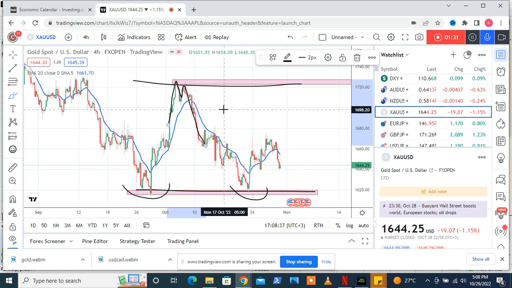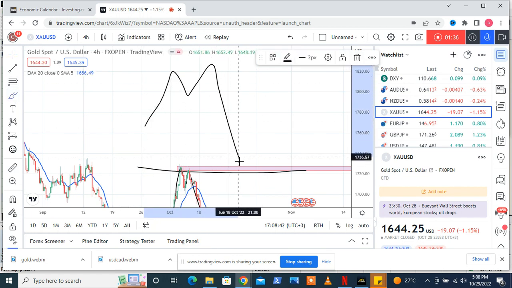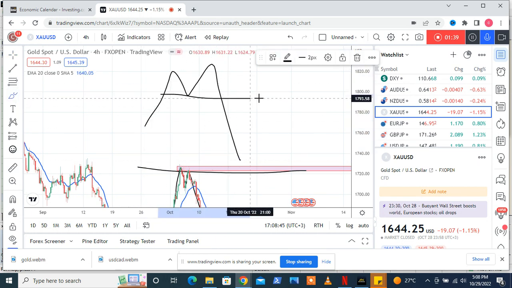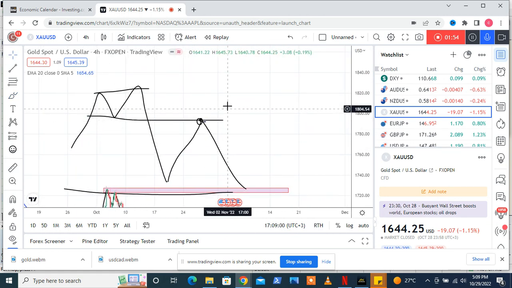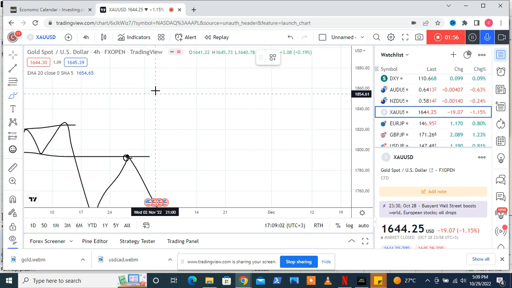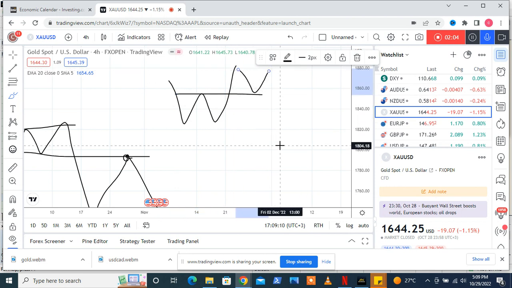Anytime you see a market do something like this, the neckline most of the time has to be tested, and then finally the market goes down. This is a double top. Or if you see a W, a double bottom, this neckline has to be tested. The market has to test it, that's what the market does all the time.